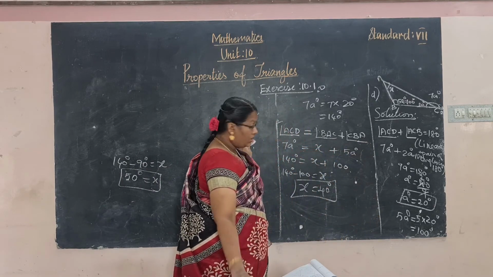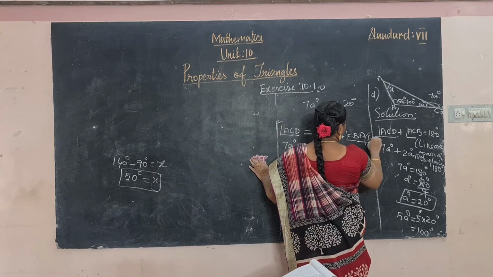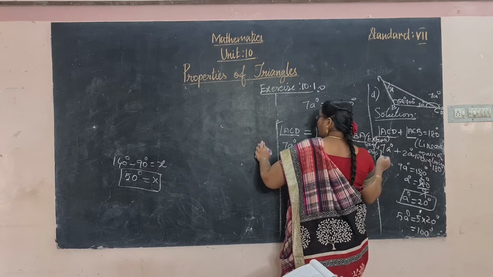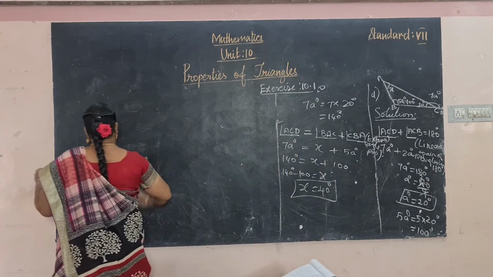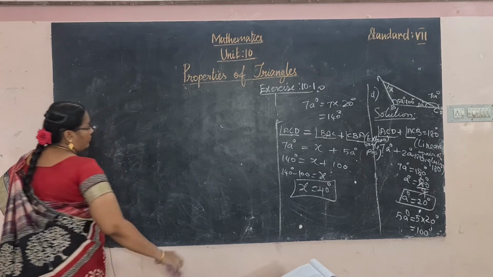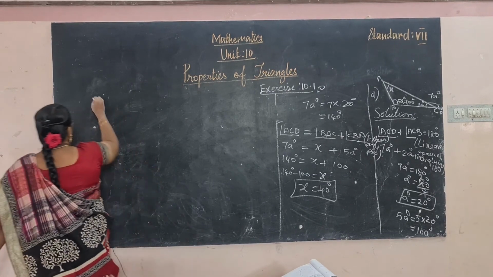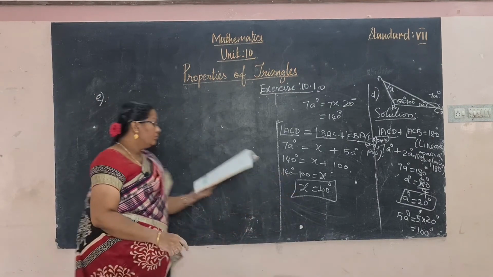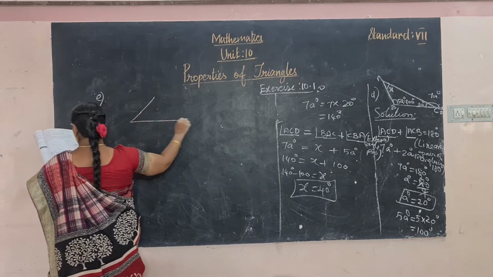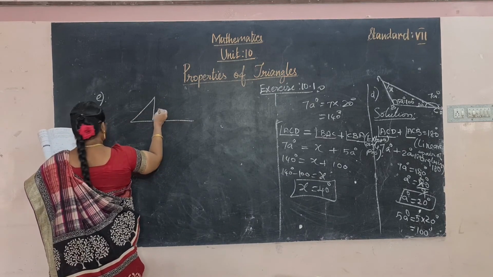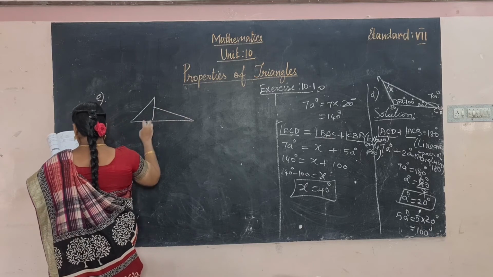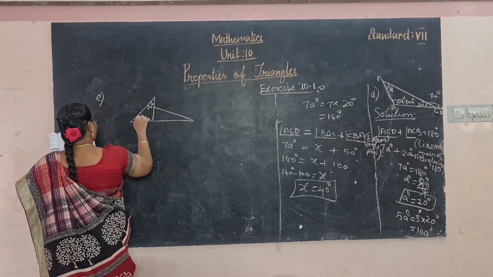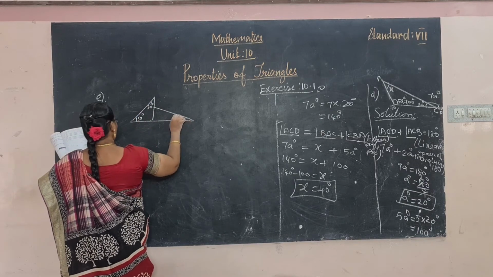Eighth problem: this is 20 degree, here give it 50 degree, and here one of the angles is 30 degree.